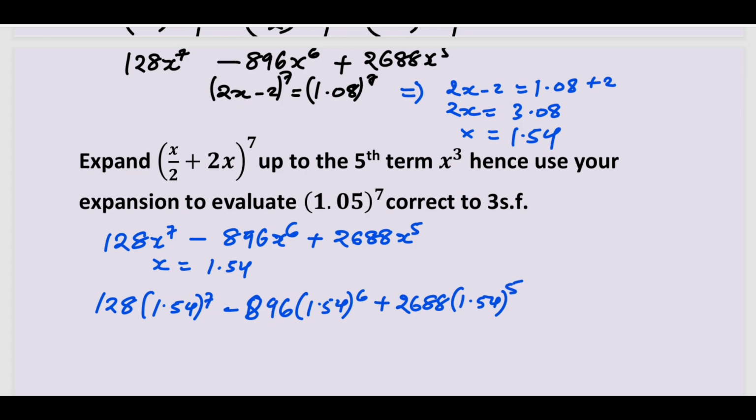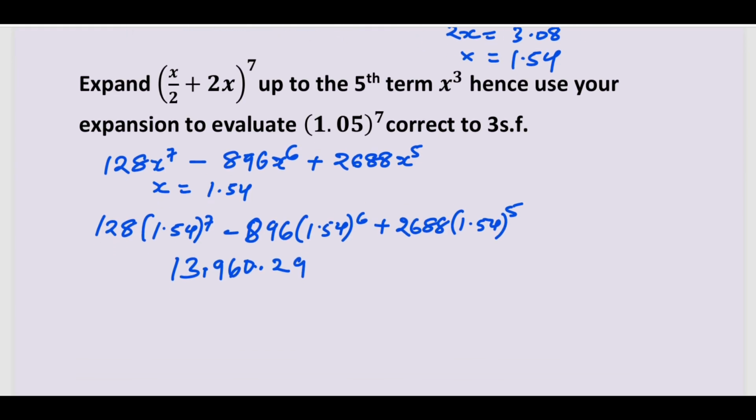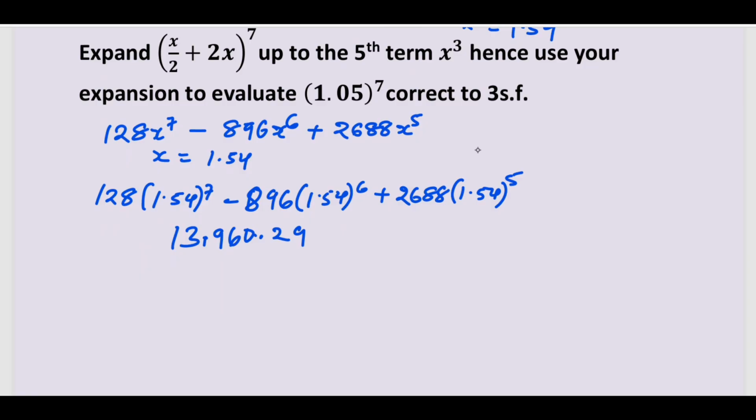Then you finish up with a calculator. I'm getting 13,960.229. We're told to 3 significant figures, so 1, 2, 3. This one gives me 14,000.